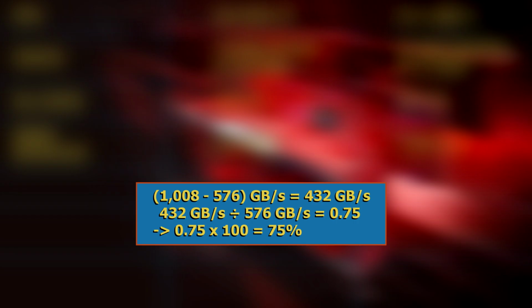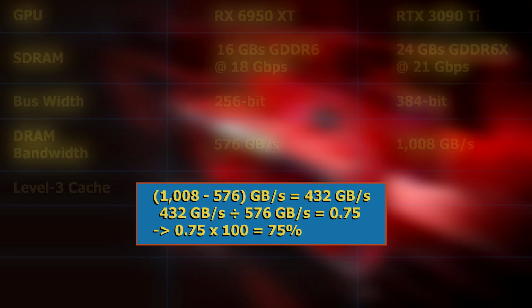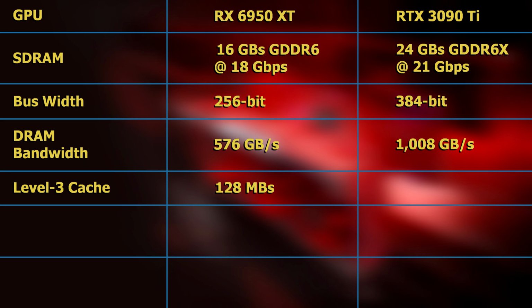And the reason is the RX 6950 XT's 128 megabytes of Infinity Cache, to which the RTX 3090 Ti has no corresponding cache. Note that caches typically amount to only kilobytes or megabytes because they're accessed much more frequently than SDRAM, meaning that they operate at significantly higher speeds and therefore have much higher bandwidths, despite their small sizes.